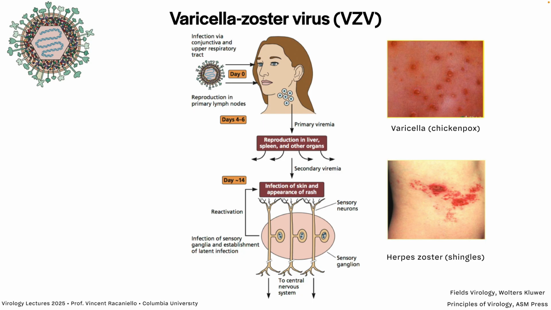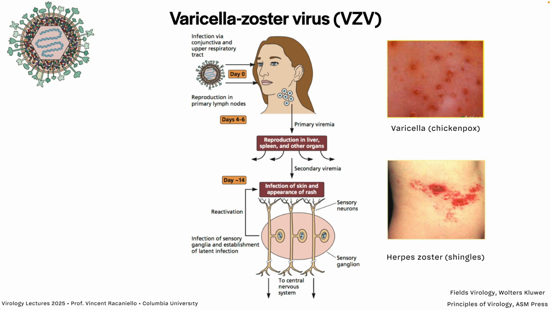Very painful. Then the pox goes away, you recover, but the virus becomes latent in nerve ganglia that innervate the skin, not the trigeminal ganglia or that sort of thing, but mostly in your trunk, and the virus remains in those nerve cells.